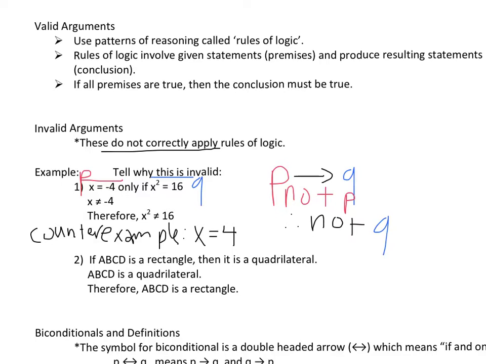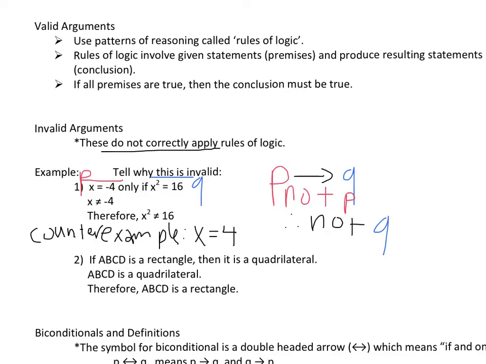What is wrong with that kind of application of the rules of logic? Well, it's like they're trying to do a direct argument. If P, then Q. P is true, then Q is true. So it's like flipping it and saying, if P, then Q, not P, then not Q. But that is an incorrect way to apply the rules of logic, because at least we can think of one other example where that doesn't work.